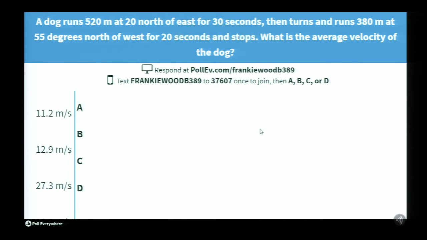It's a good sheepdog. Runs 520 meters at 20 degrees north of east for 30 seconds. Then runs 380 meters at 55 degrees north of west for 20 seconds and stops. What's the average velocity of the dog?